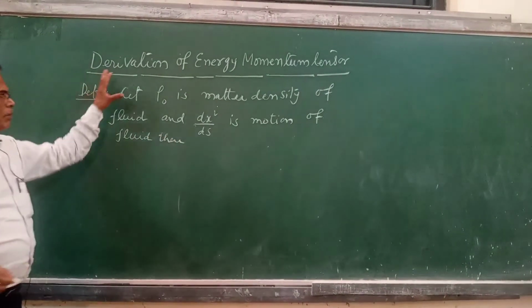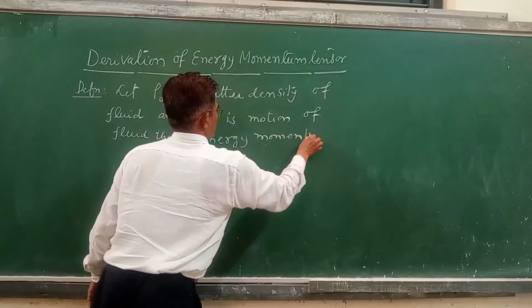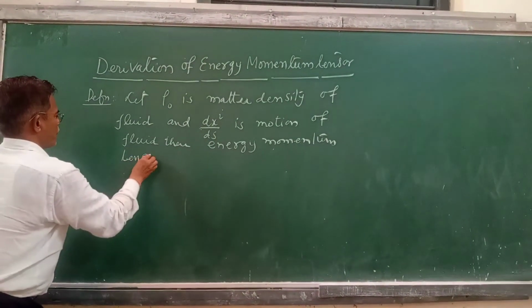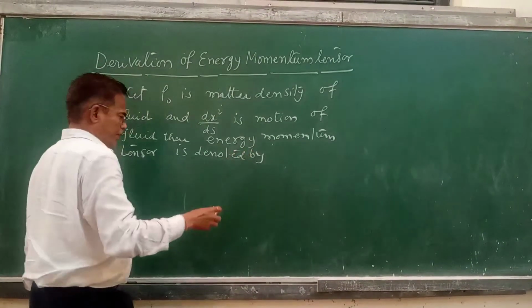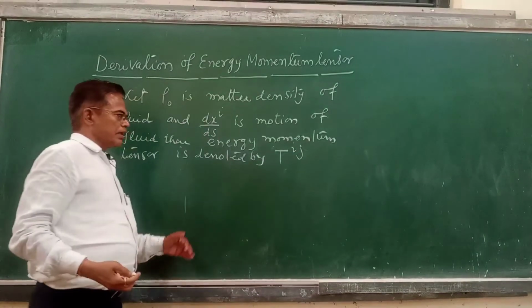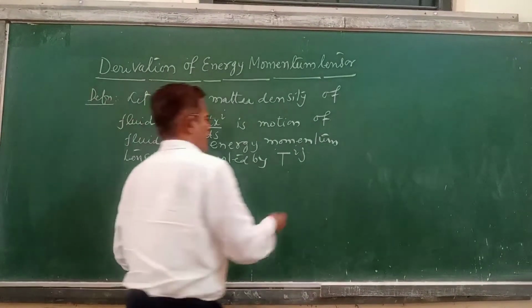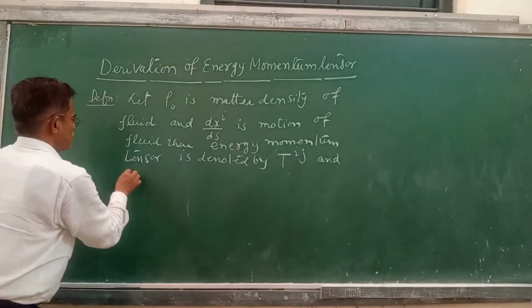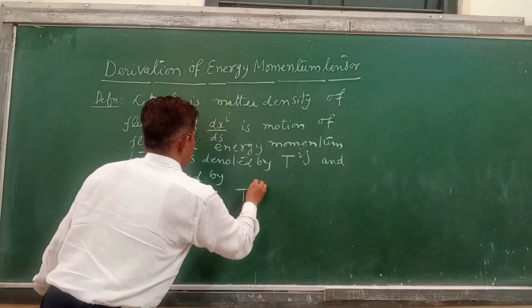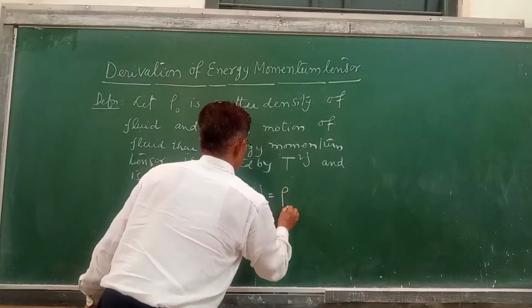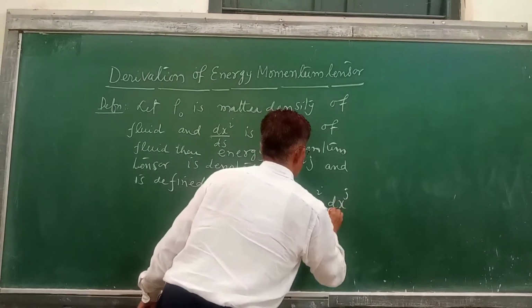Then the energy momentum tensor is denoted by T^ij, either contravariant or covariant, meaning either T^ij or T_ij lower, and defined by T^ij is equal to rho 0 dx^i upon ds dx^j upon ds.